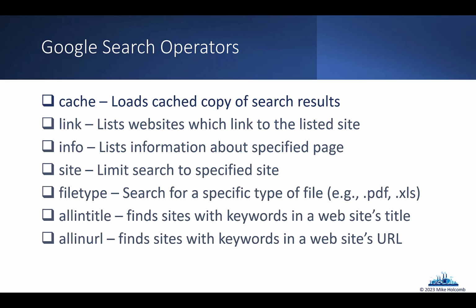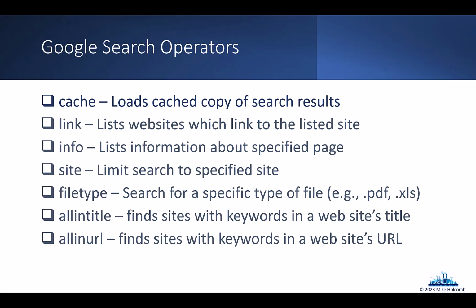I could put in those search terms and then the operator site:microsoft.com. Then it wouldn't find just any information on the internet. The results are limited to information found on Microsoft.com.